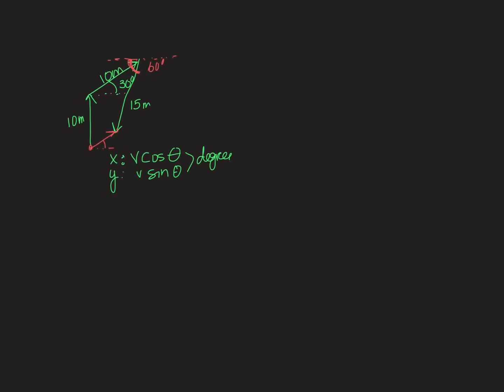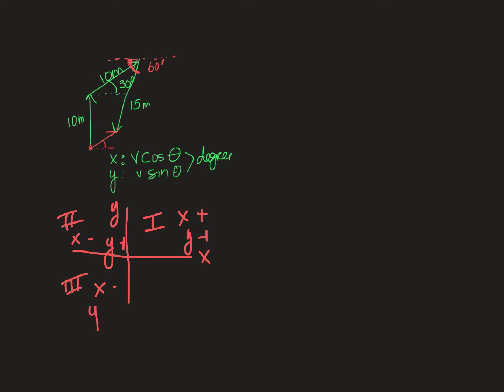Okay, remember the Cartesian plane? Here's your x, and here's your y, and in the first quadrant, your x is positive and your y is positive. In the second quadrant over here, your x is negative and your y is still positive because it's up. In the third quadrant, your x is negative and your y is negative.